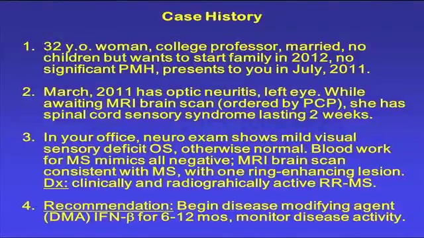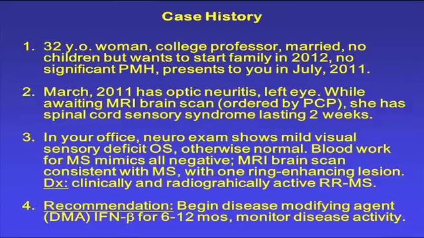Now let's move on to a case history which we're going to use to understand the role of lymphocyte trafficking in human disease. A 32-year-old woman, a college professor, married with no children, but wants to start her family in 2012, has no significant past medical history, and she comes to you for consultation in July of 2011.